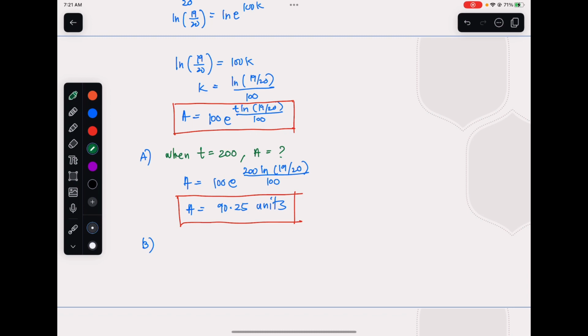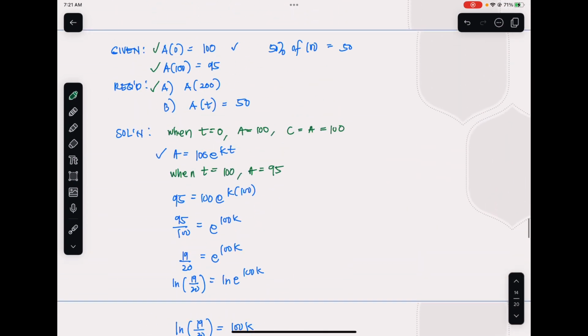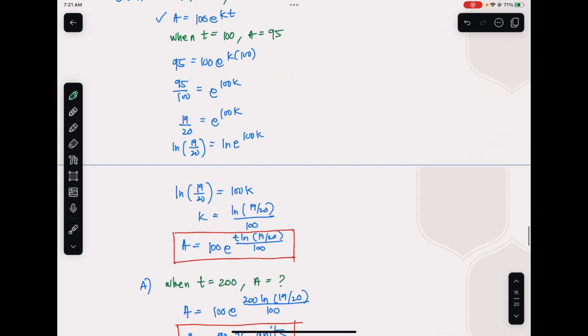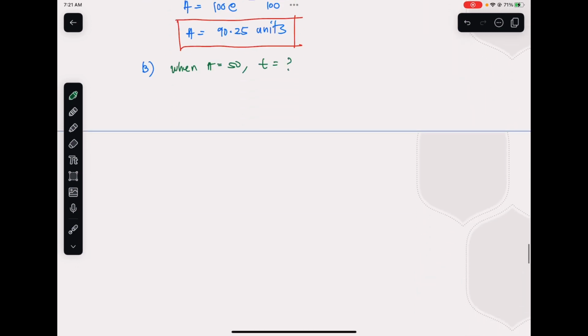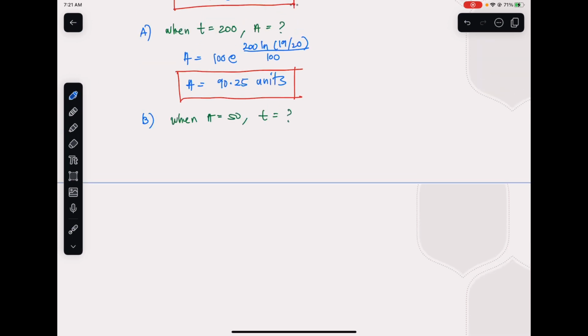For our second requirement, how much time would it take, or what would be the half-life of the radium? When A is 50 units, what would be that time? So 50 equals 100 e raised to t ln(19/20) divided by 100.